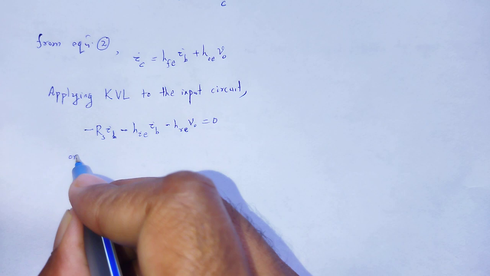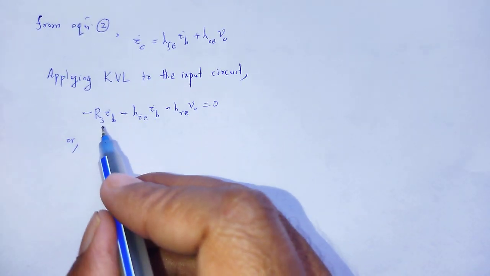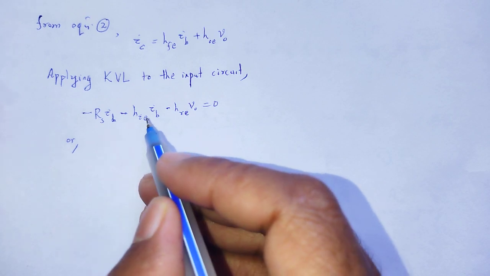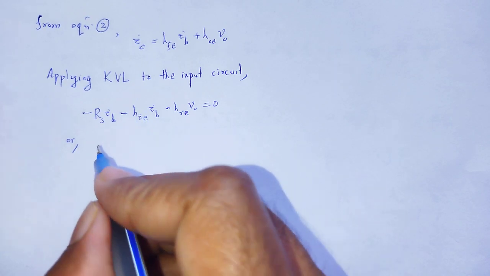Minus as common, and from the first two terms IB as common.